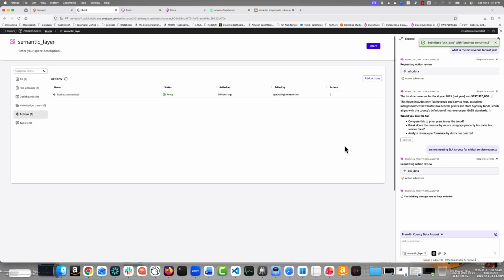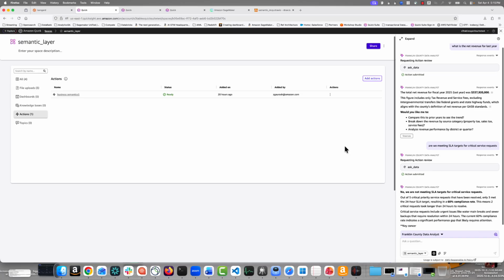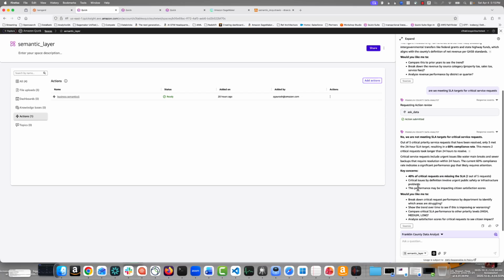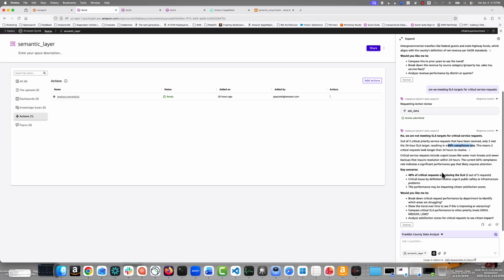Okay, so it says out of 5 critical priority service requests that have been resolved, only 3 met the 24-hour SLA target, which means it read our documents and understood what the targets are, and then calculated these numbers and gave us the results, which is 60% compliance.